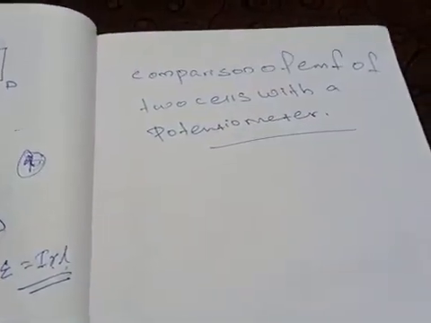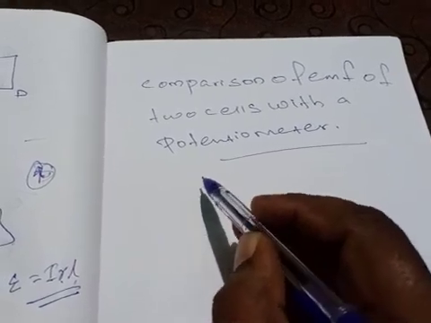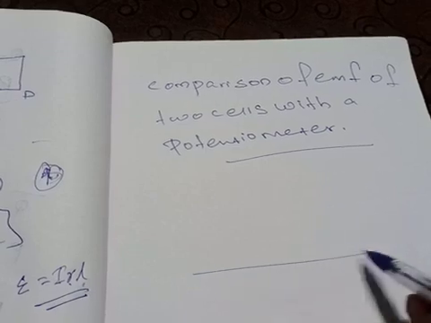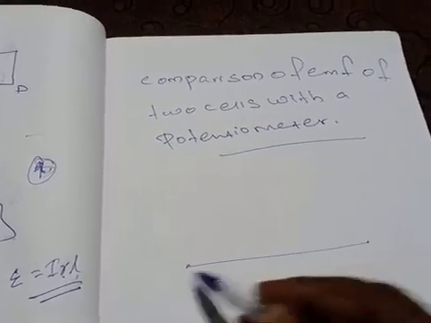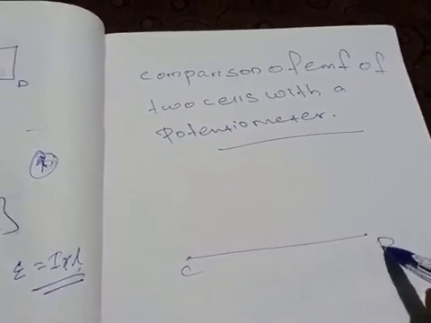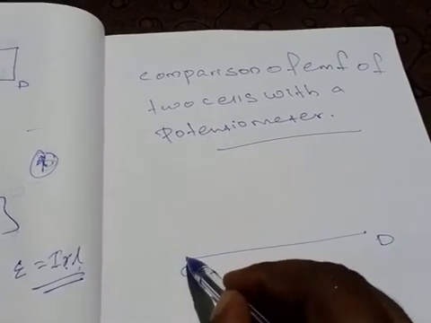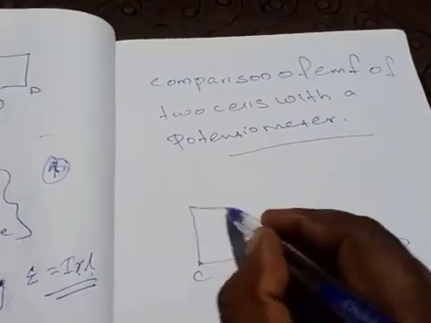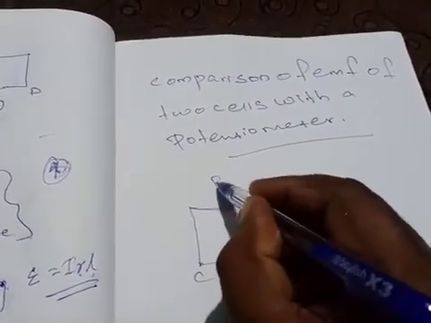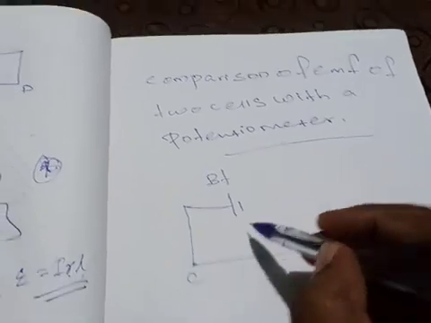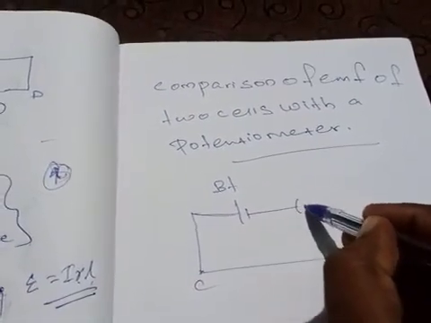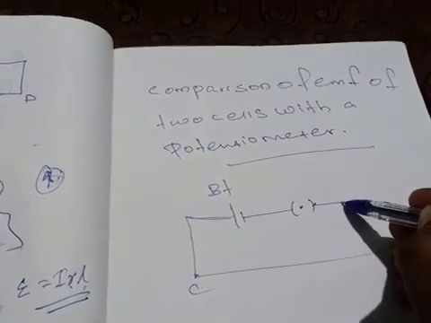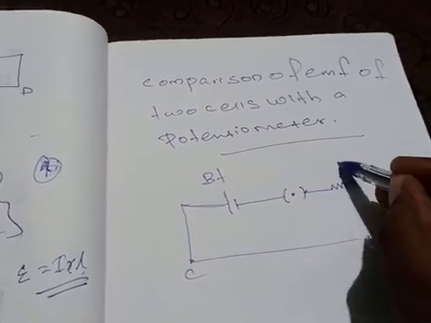For that you can see how the construction is. First you see the potentiometer wire, C and D. Now this potentiometer wire is connected with the battery, and a key. Here I am also including a resistance, which is the rheostat.